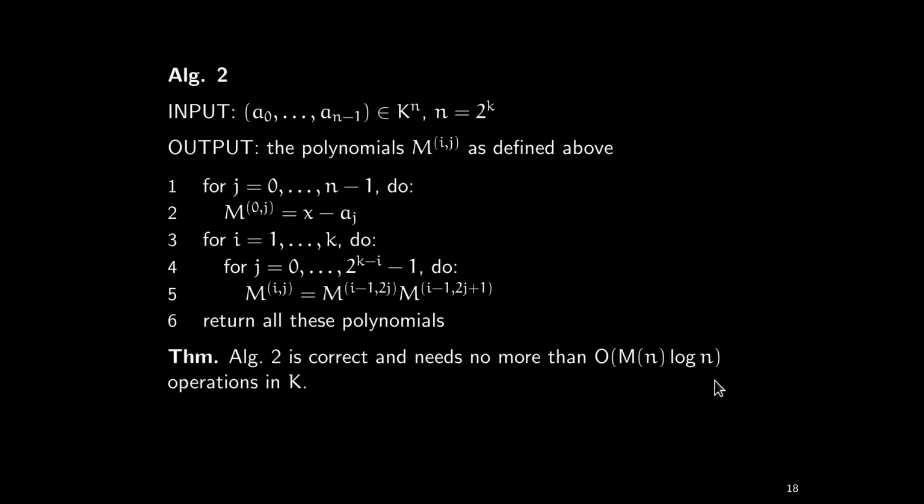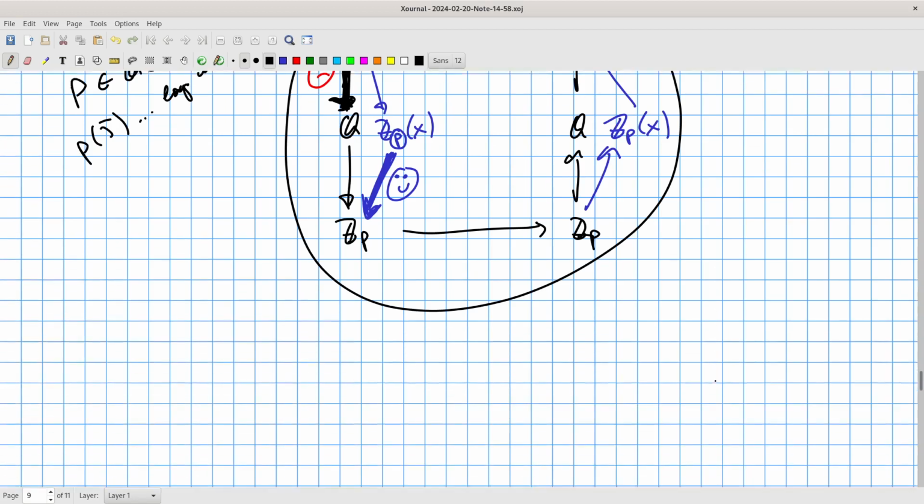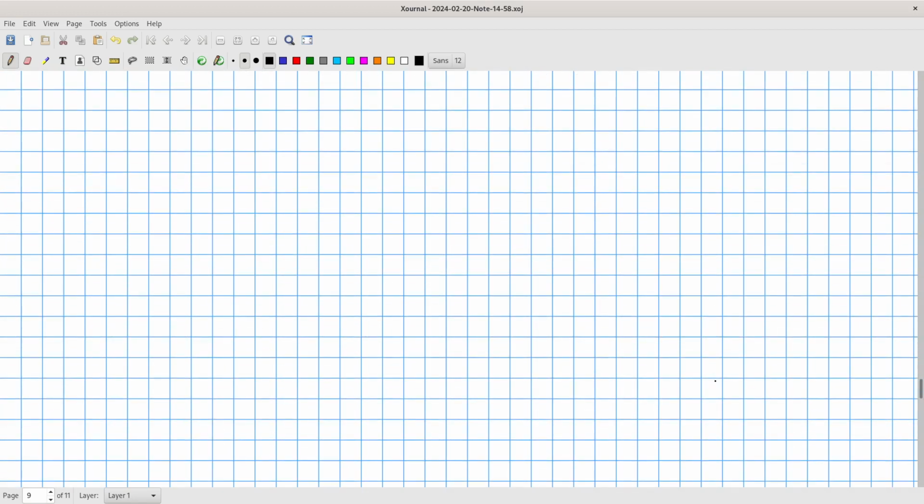So let's see. This is the picture from last time. So proof. Here we don't have a recursive algorithm. We really just have a loop, and the loop translates into a sum in the complexity.